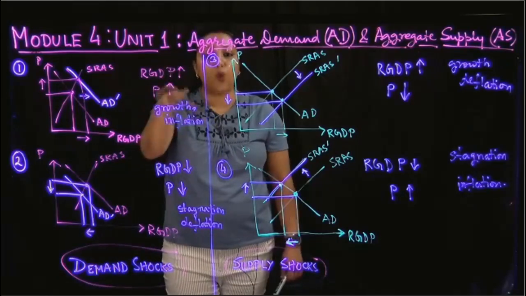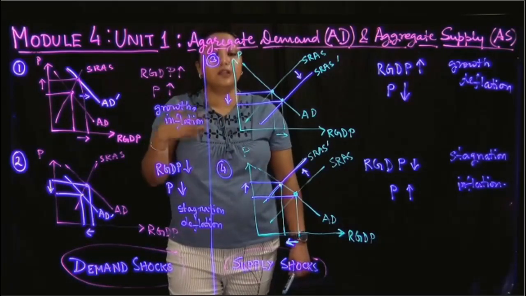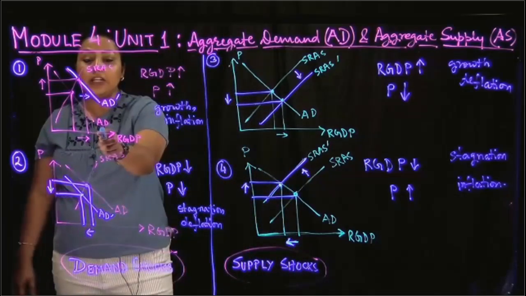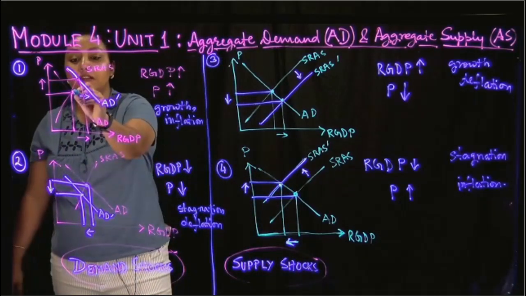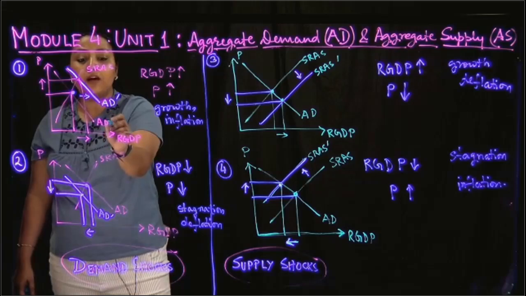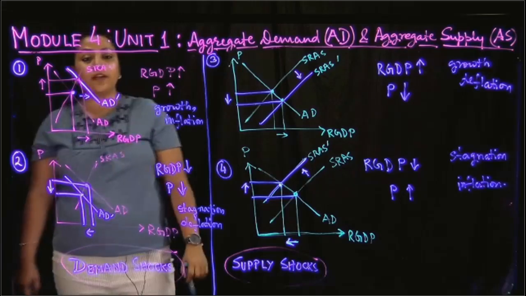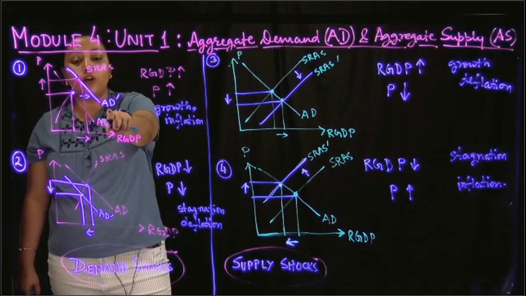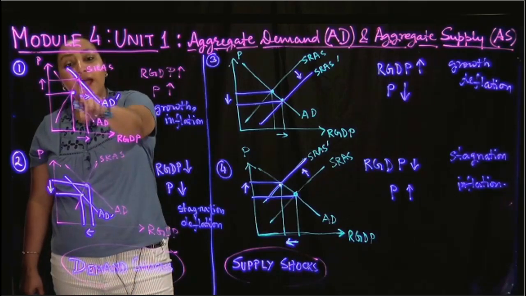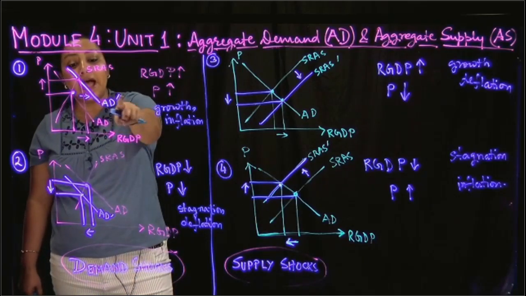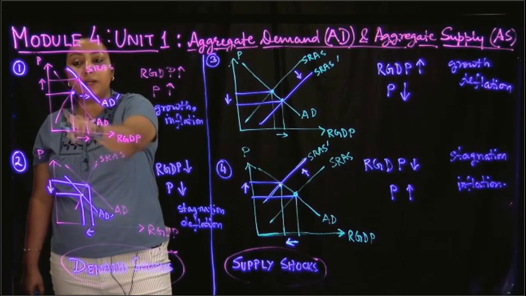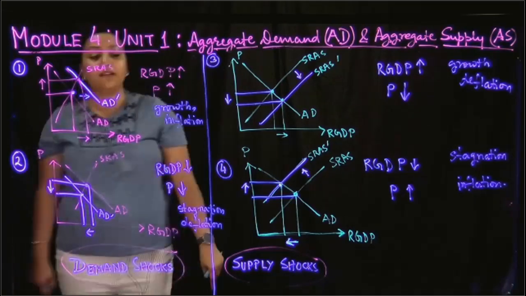But let us first walk through what these shocks really do to the economy. So let us say that initially our equilibrium is at this point, and the demand curve is AD and the short run aggregate supply is SRAS. If there is a positive demand shock to the economy, then the demand curve shifts right to something like AD dash, and as a result you have an increase in real GDP and an increase in the price index.